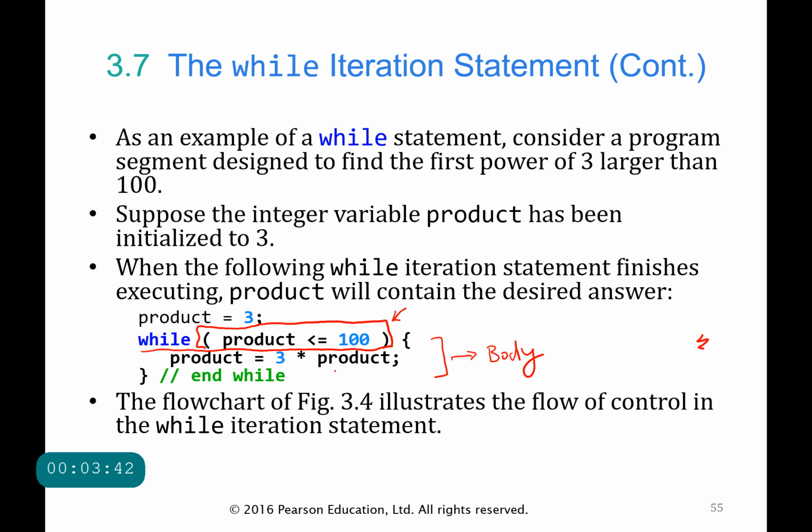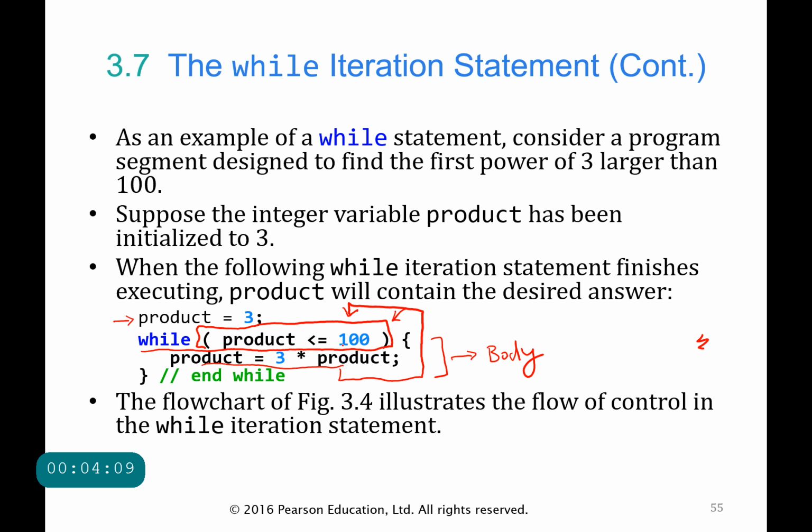statements inside the body. So you start from here, you go into the while statement, go into its body, execute this statement, and then come back here and check if this condition is still true.